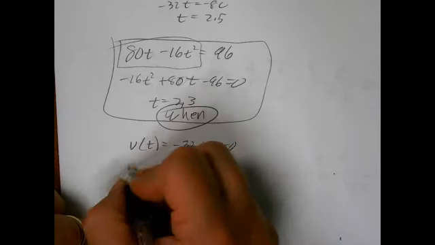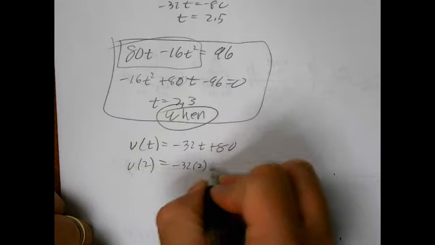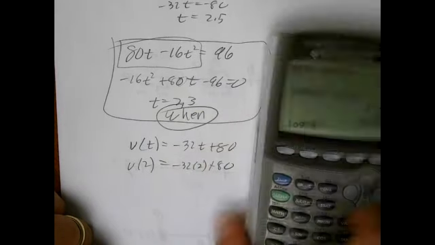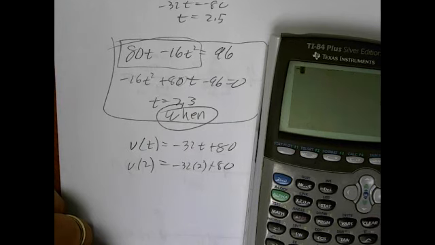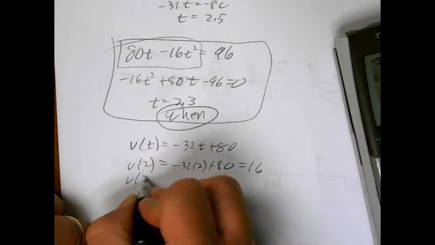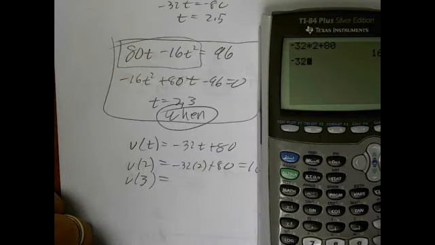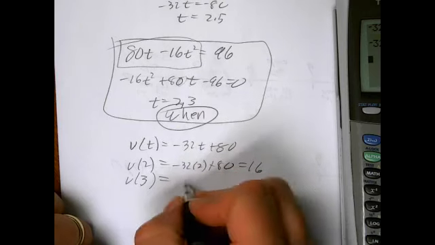Plugging in those numbers, v of 2 equals negative 32 times 2 plus 80. And negative 32 times 2 plus 80 gives us a 16. And v of 3 is a negative 32 times 3 plus 80, which is negative 16.